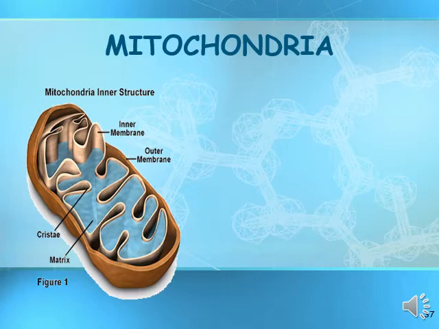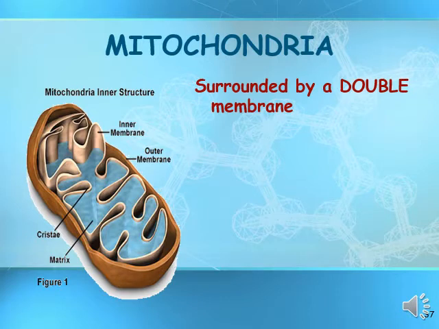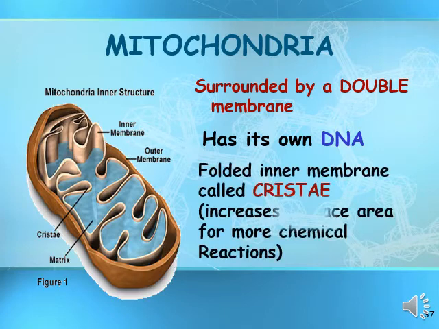Here are cristae. These are many cristae, and inside the mitochondria is called the mitochondrial matrix. Mitochondria is surrounded by a double membrane, and it has its own DNA, which is circular mitochondrial DNA.